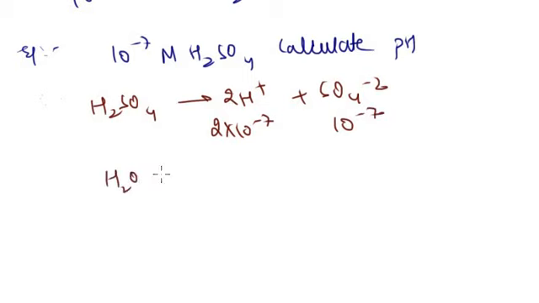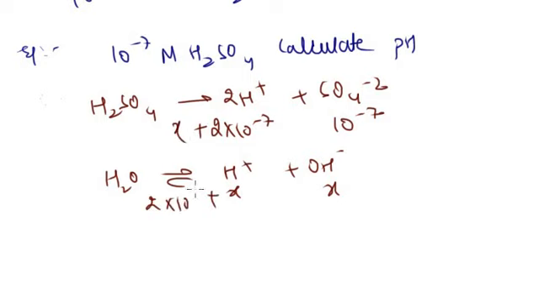But the H2O we have over here will give H plus and OH negative. Let's say it is X and it is X. Due to the common ion effect, it is not equal to 10 to the power minus 7; it must be less than 10 to the power minus 7. So you will have X here and you will be adding 2 into 10 to the power minus 7. Again you will be using H plus times OH negative as 10 to the power minus 14.